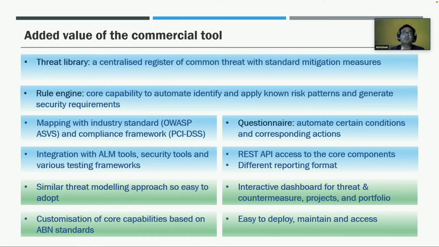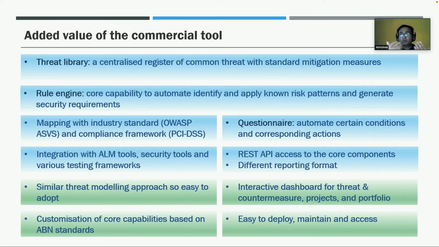We can identify how many threat models there are, how many associated threats and countermeasures are identified, and where they are. So we can create a nice trend chart, which is a custom thing, not in the tool, but yeah, we can customize it using these REST APIs. But the tool itself provides you different report formats. So you can create a PDF report or CSV as per your requirement.